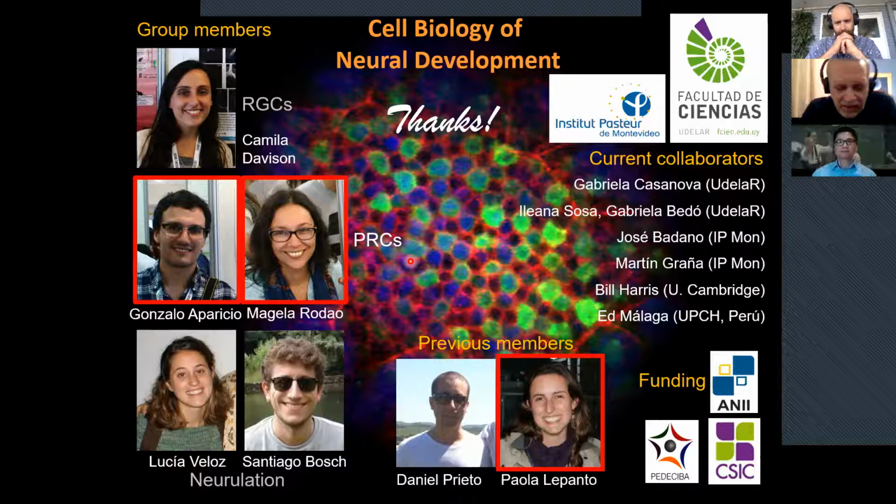Yeah, well, let me see if I understand your question. We did see, and this was published before in Paola's paper four years ago, when she finished her PhD, an effect of cilia disruption on cell type specification.